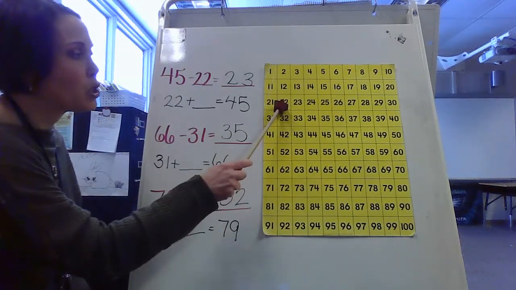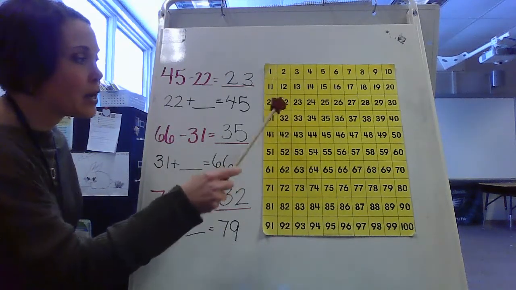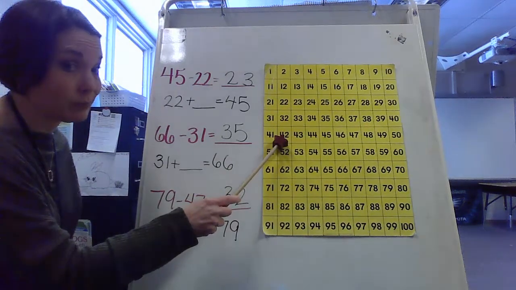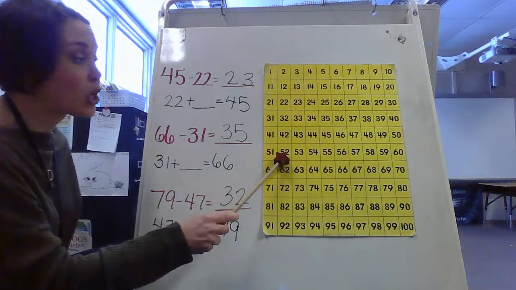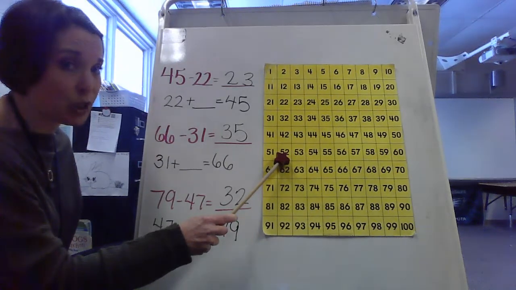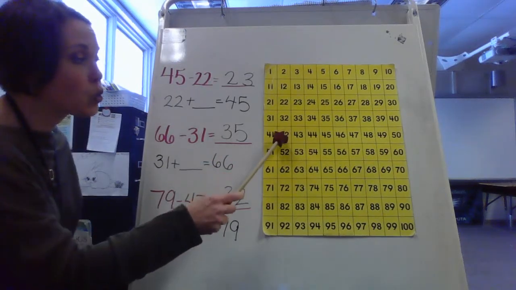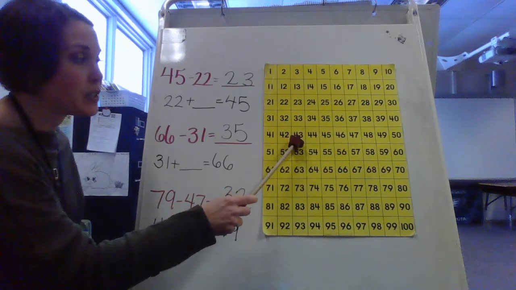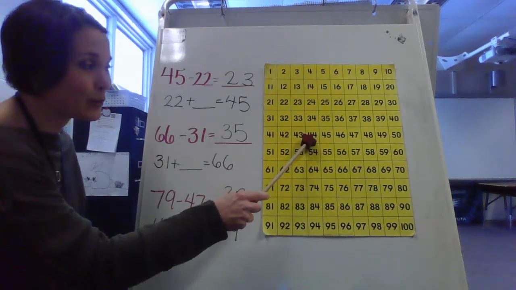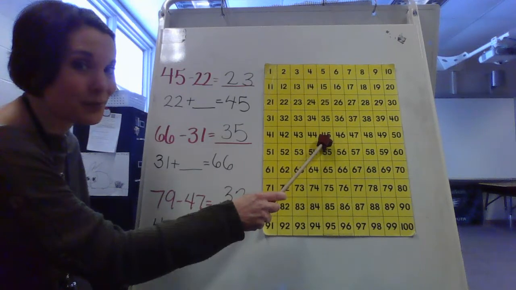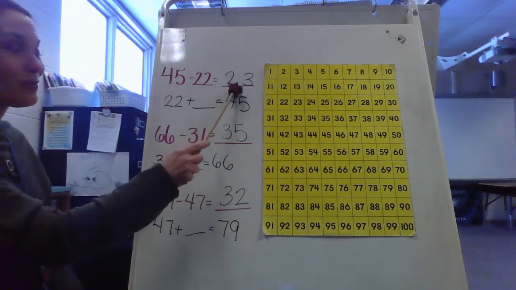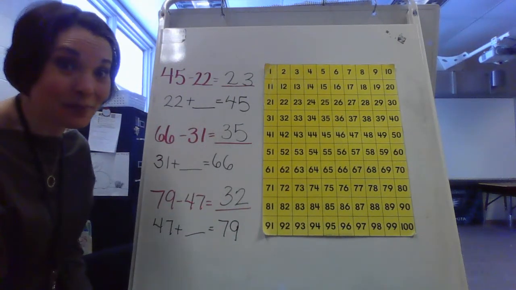So here I'm at 22, 10, 20. I can't go 30 because it's going to give me 52. So here I go, I'll start again. 10, 20, 21, 22, 23. So notice, there's my 23.